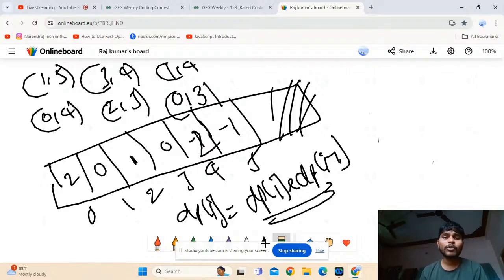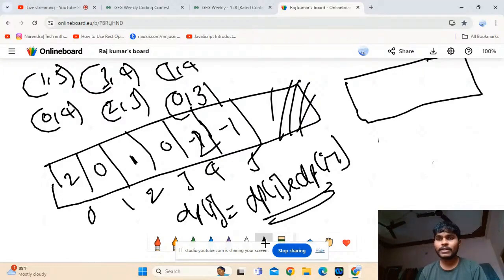Why did I take plus 4? Because this is the terminating index. So just take one test case and try it on your own, so you will understand better. Here the whole concept is I am increasing at the first position and decreasing at the ending position plus 1.